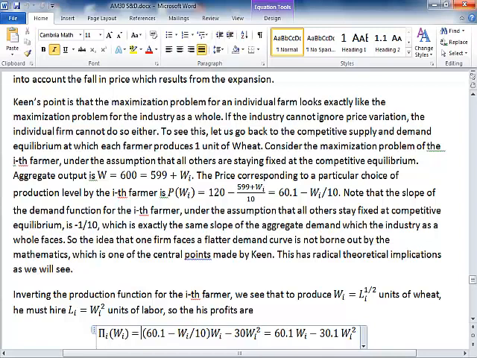So the famous law of one price doesn't hold. What really happens is that you have lots of different buyers and lots of different sellers, and then we have random collisions between buyers and sellers.